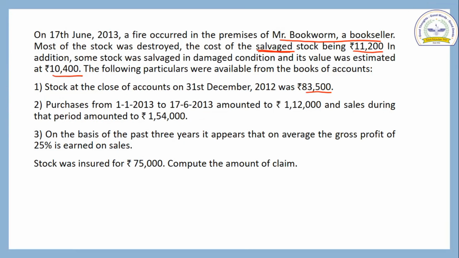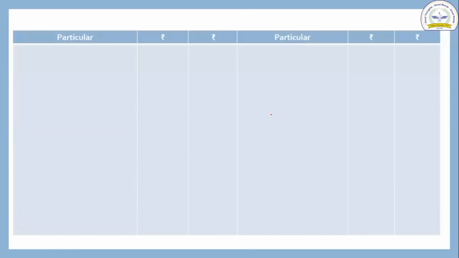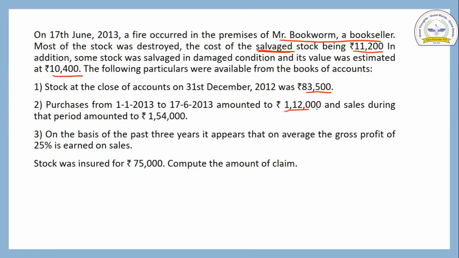Look here, students. In the question 83,500 is given on 31st December 2012. The last date closing stock is going to be carried into the next year as opening stock. And purchases is also given, students: 1,12,000 rupees, and sales is given, 1,54,000.